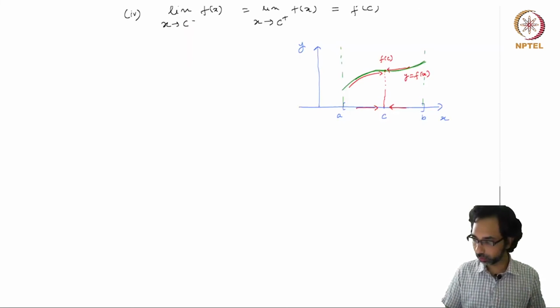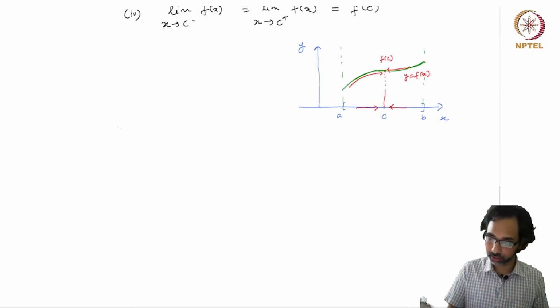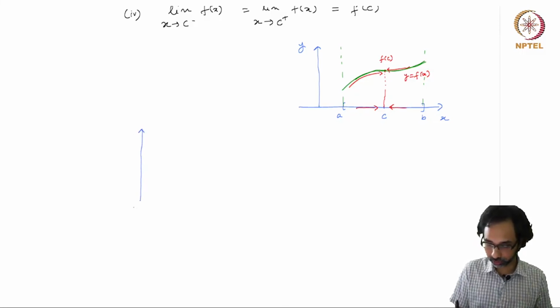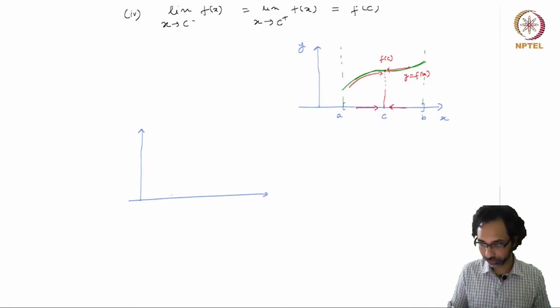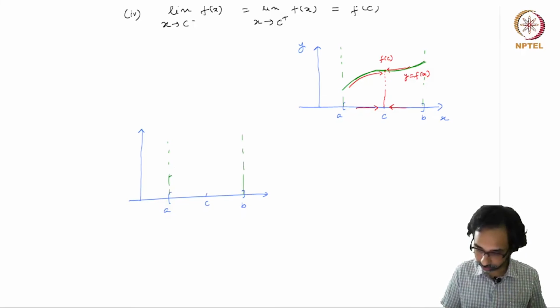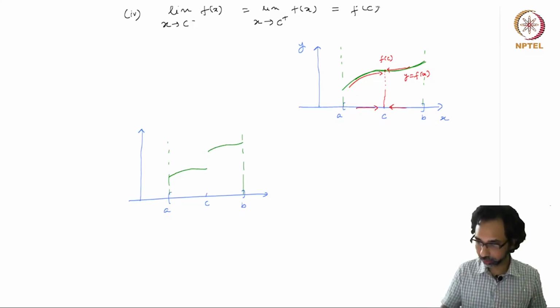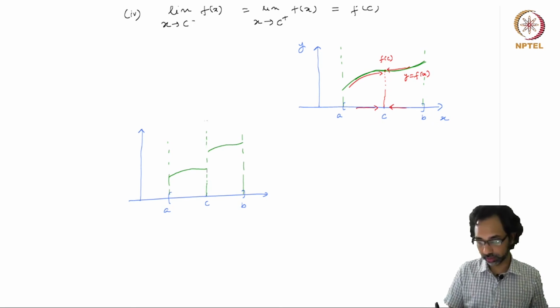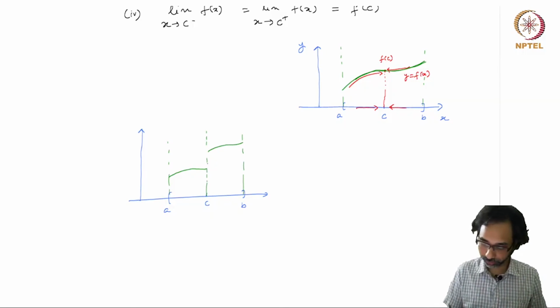So what won't be a continuous function? Maybe that's something we should see to understand continuity. Let's say a and b are here, c is here, and our f(x) looks something like this. Here is our line x equal to c.